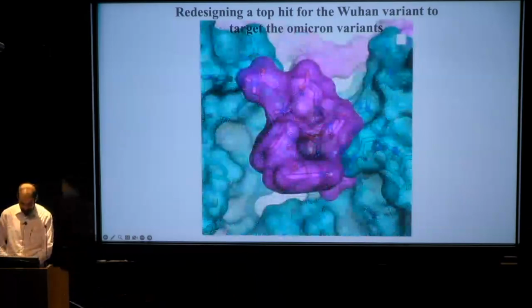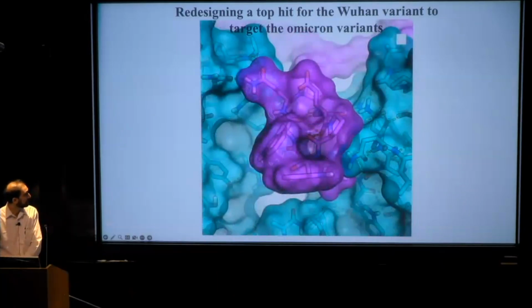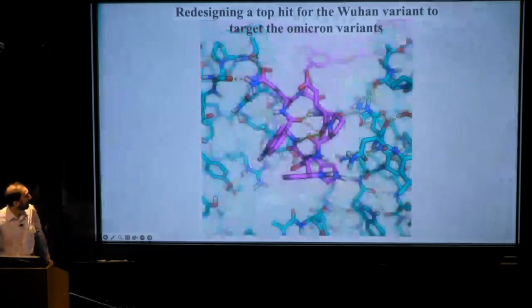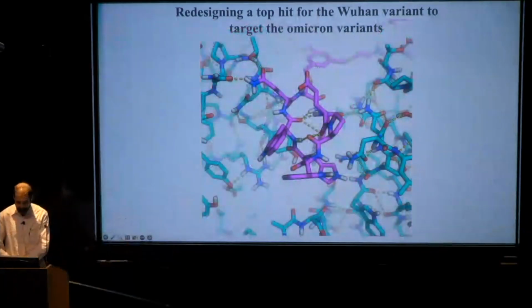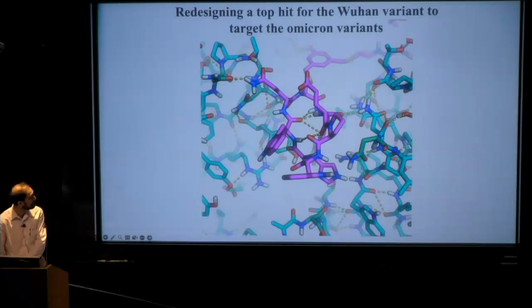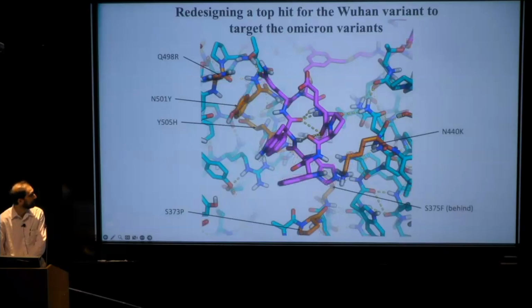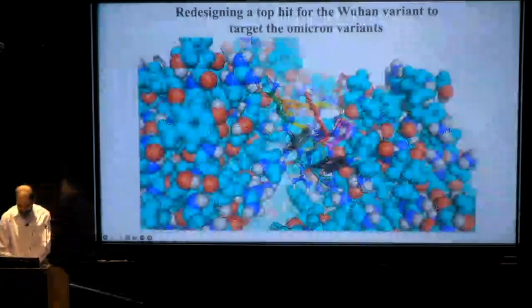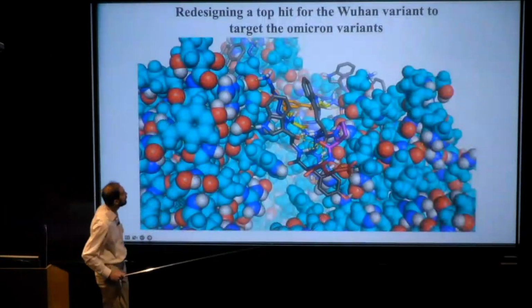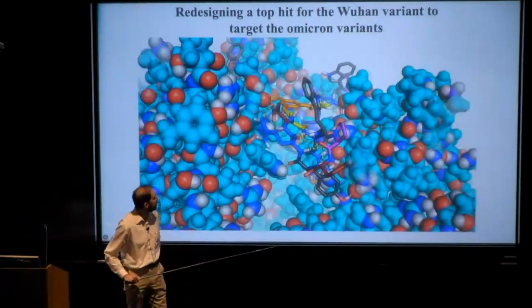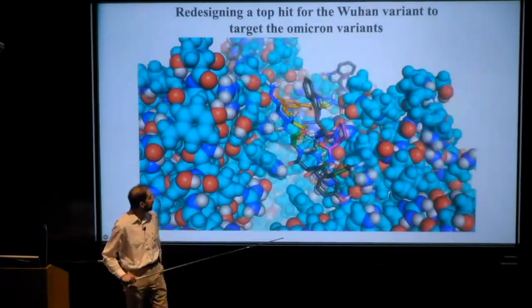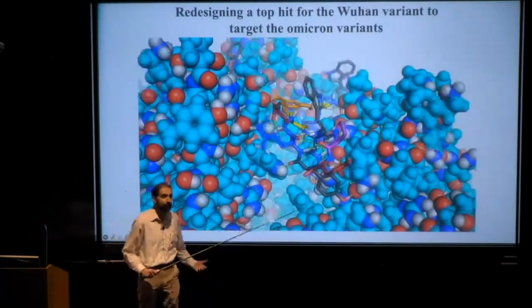And so I did that. I took the structure. Again, this is the computer model. We don't have a crystal structure of this yet. Of the best binder bound to the Wuhan variant, I identified the sites of mutation that I'd have to change in the target in order to get the Omicron variant, modeled in the target mutations, and then started exploring conformation and sequence space to try to find good amino acid sequences that could make favorable interactions with the Omicron variant.